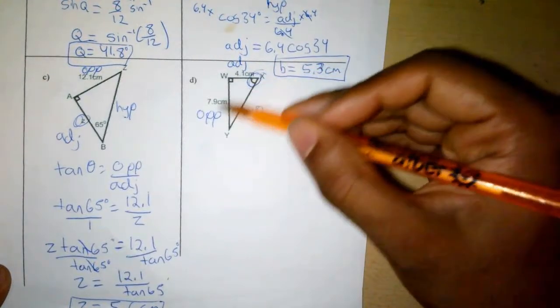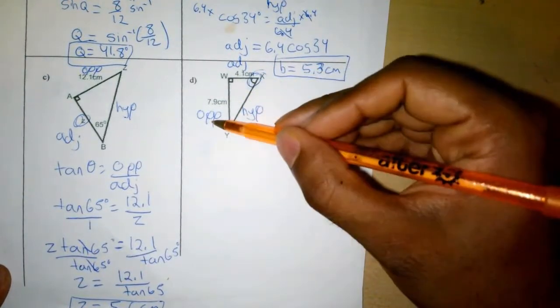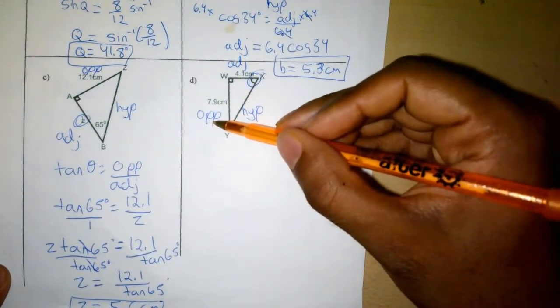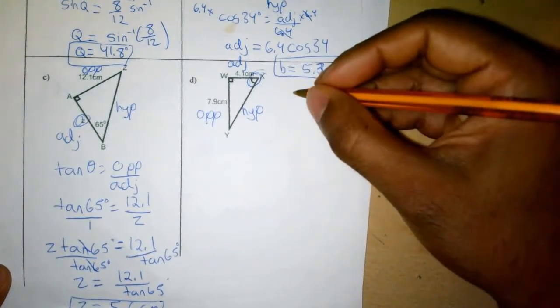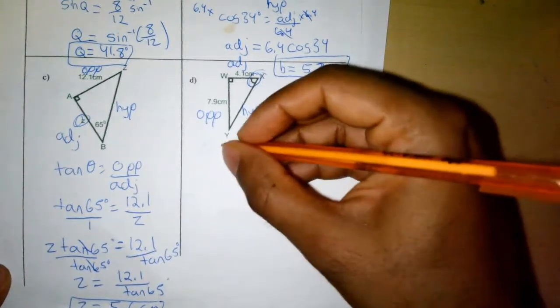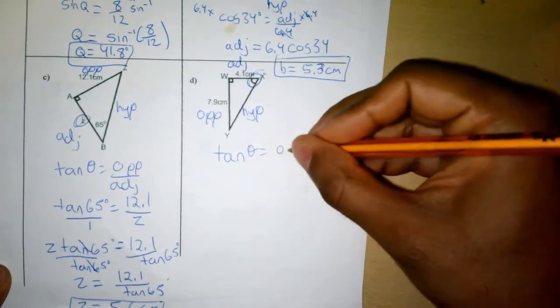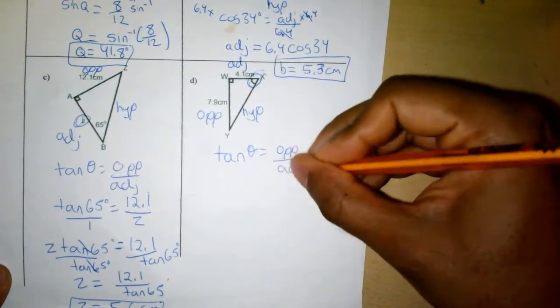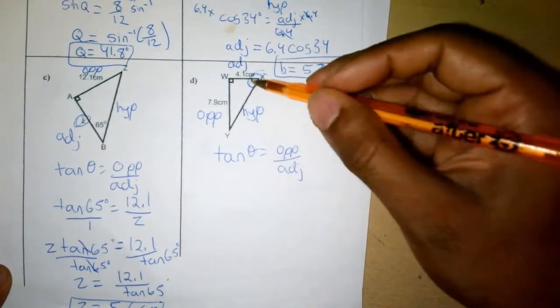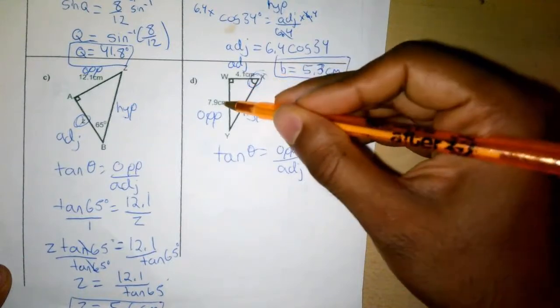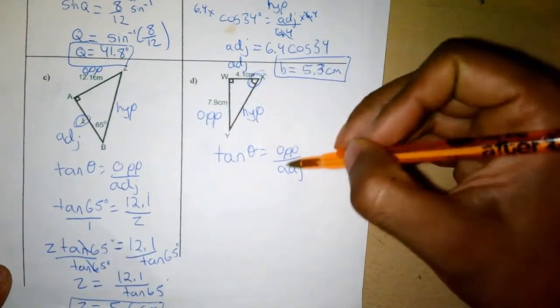We have the adjacent and the opposite. Which trig function do we use? Tan, because tan is opposite over adjacent. So tan theta equals opposite over adjacent. We're using tan again because we have the adjacent and opposite.